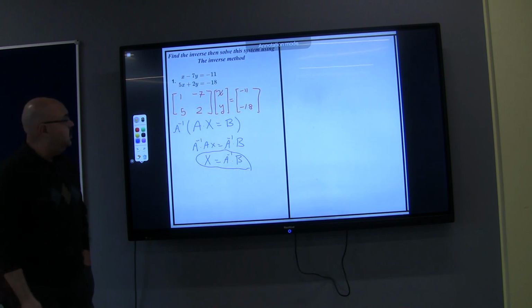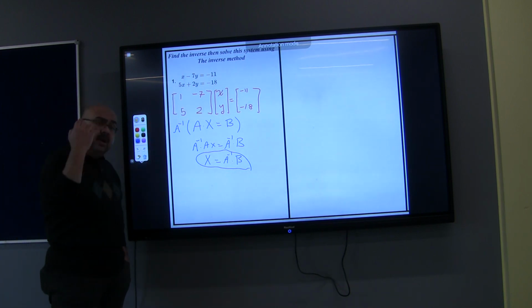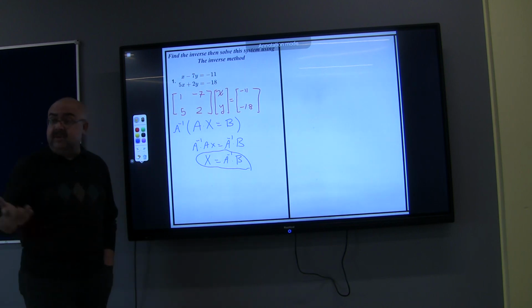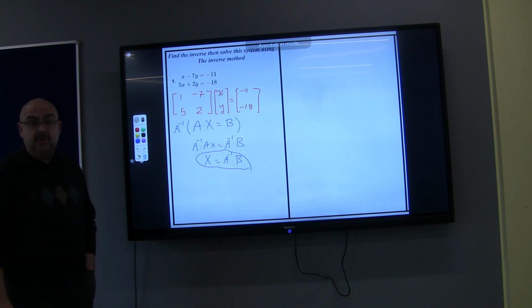All you have to do is get the inverse of the coefficient matrix, then multiply by the result. You will get the values of the unknowns.